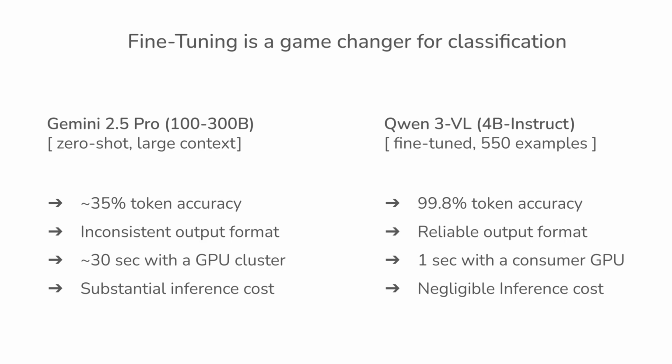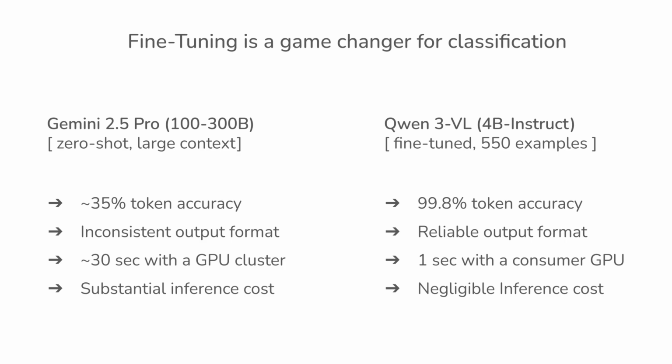With that, I achieved a 35% token accuracy and had a really inconsistent output format. In the best case, it took about 10 seconds, but in the worst case about 30 seconds on an entire GPU cluster, because otherwise you're not able to run such big models. That meant a substantial inference cost.